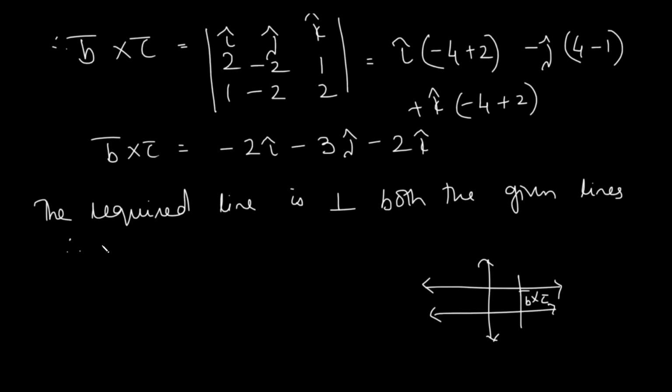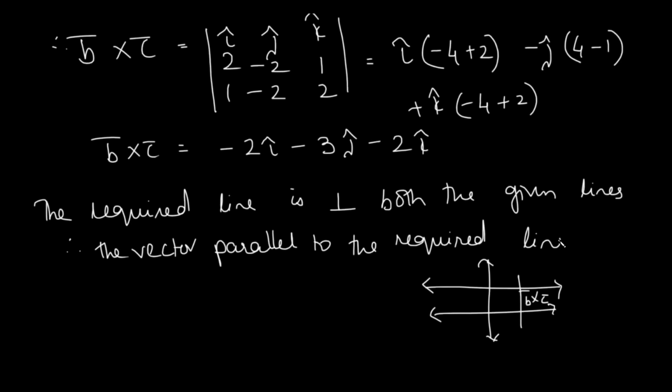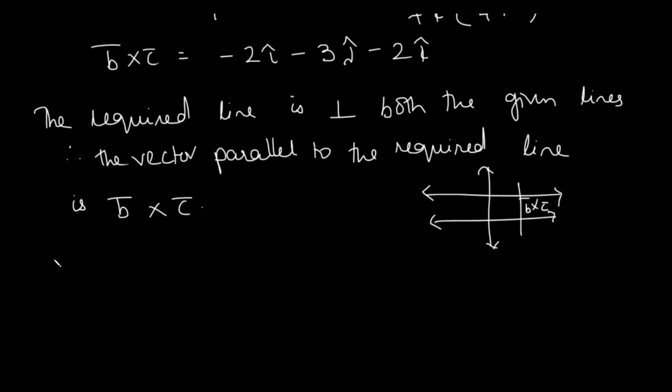So the vector parallel to the required line is vector B cross C. Therefore, for the equation of the line: they have also given us a point on the line.